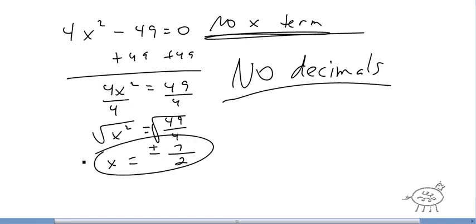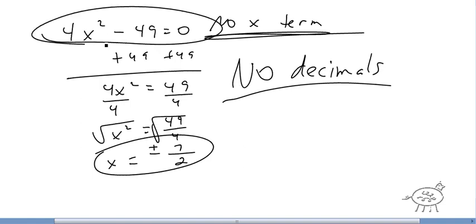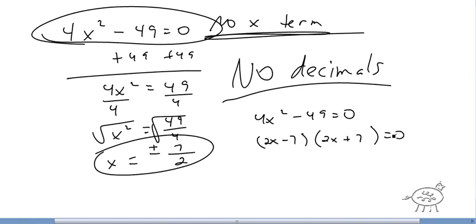Now, if you did this one by factoring, going back to 4x squared minus 49 equals 0, you should recognize those as perfect squares. So square root of 4 is 2 and 2. X squared is x and x. Minus 7, plus 7. So I get 2x minus 7 equals 0 and 2x plus 7 equals 0.